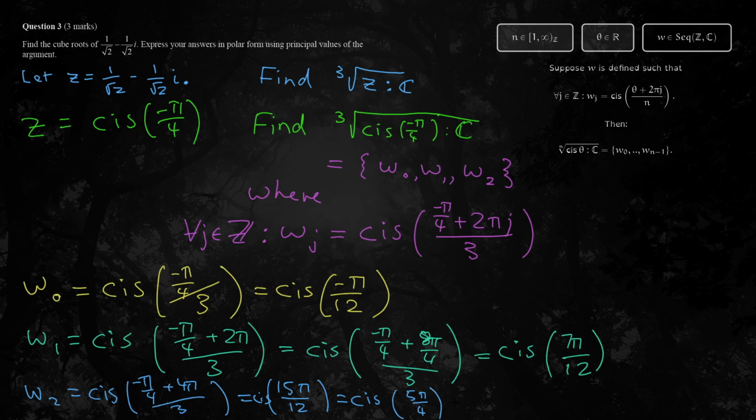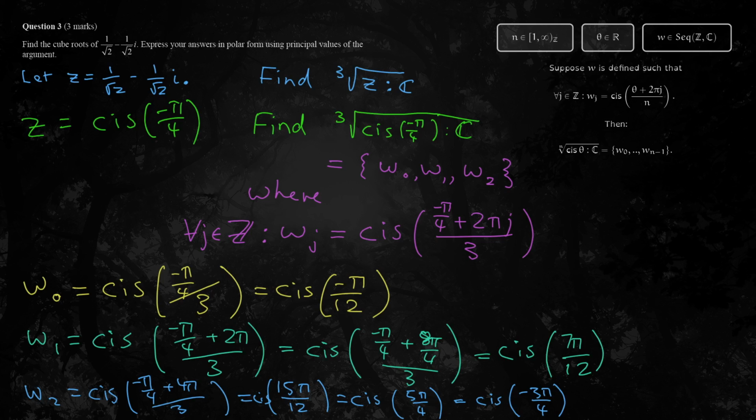Because this is too large to be the principal argument, we can just subtract 2 pi from inside the cis brackets. And when we do that, if we subtract pi, we get pi over 4. Subtract pi again, we get negative 3 pi over 4. So these are our 3 solutions.